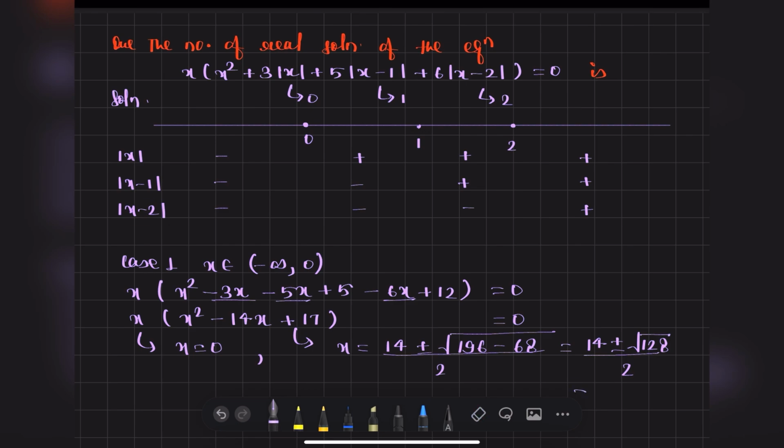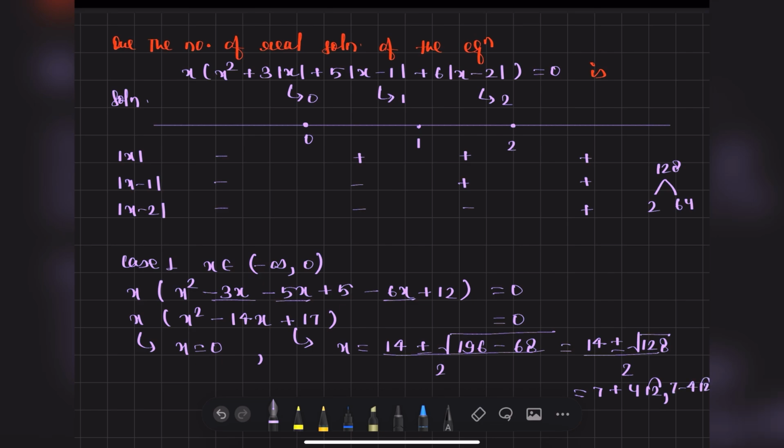Now try to simplify this part. It is 128, so I'll go with 2, 64, so it is 8 root 2. So it will become 7 plus minus 4 root 2. So you can separate those zeros: 7 plus 4 root 2, and 7 minus 4 root 2.